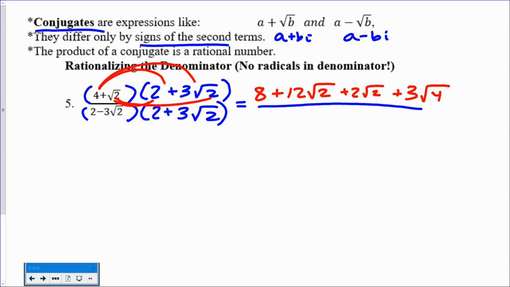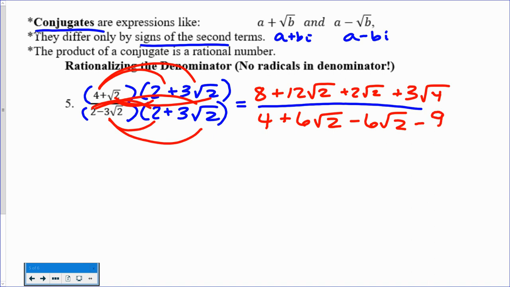Then I'll multiply out my denominator. 2 times 2 is 4. 2 times 3 square roots of 2 would be 6 square roots of 2. Then we have minus 6 square roots of 2. And then minus 9. Make sure you take the 3 times 3. And the square root of 2 times the square root of 2 would be the square root of 4. Okay, we've got some simplifying to do.